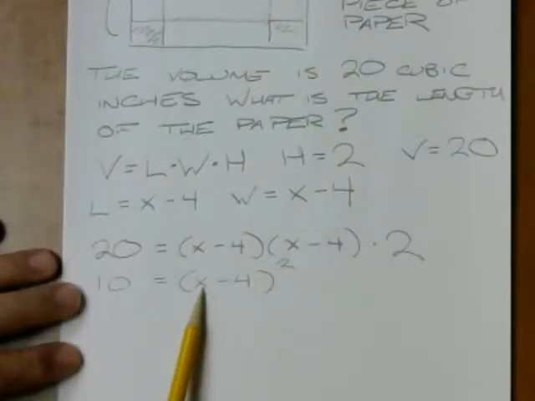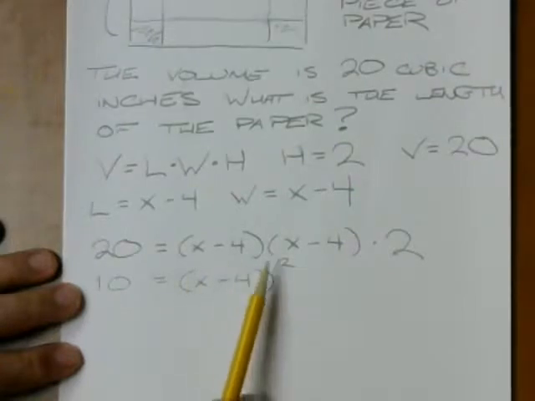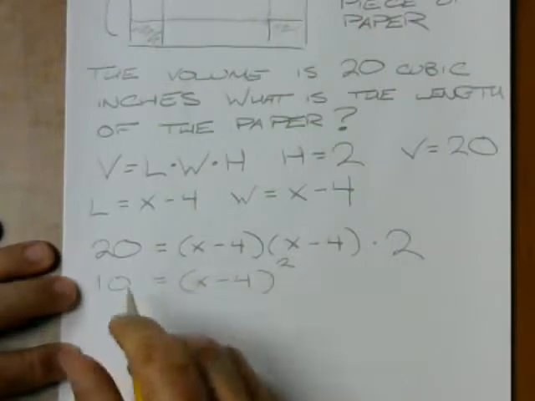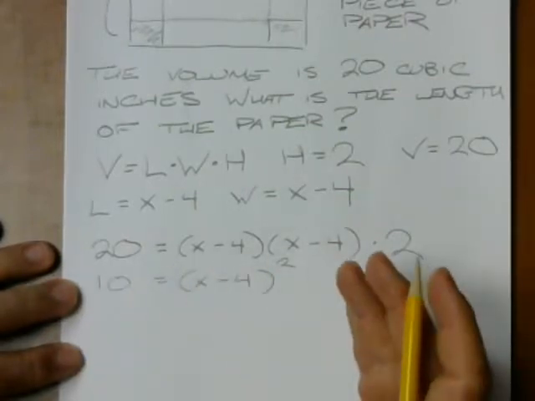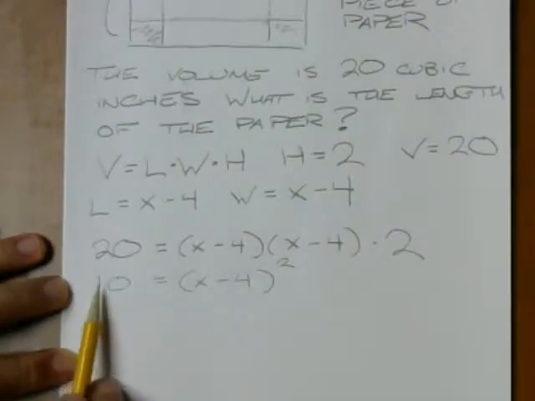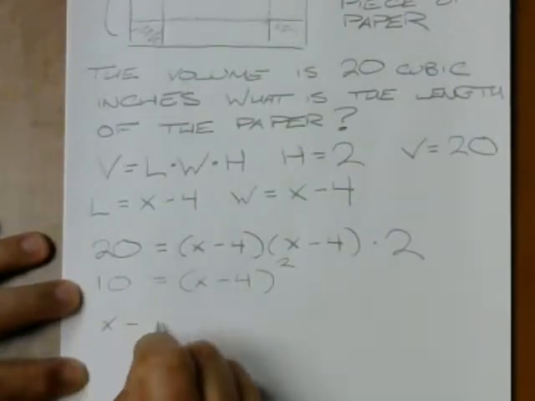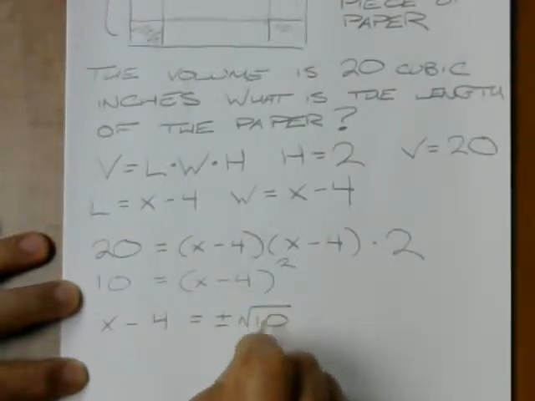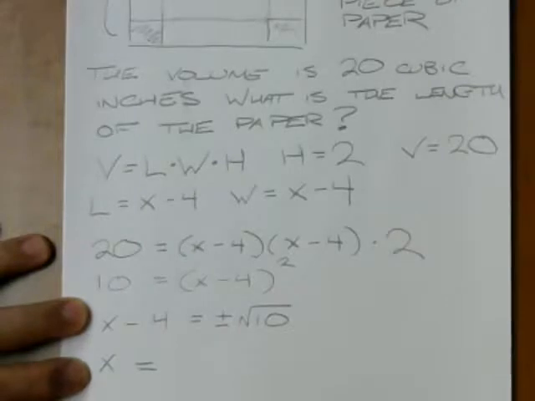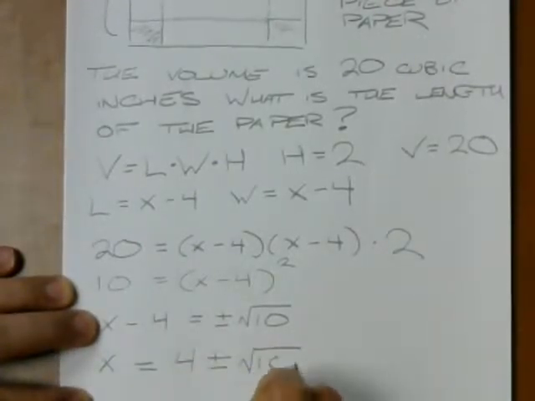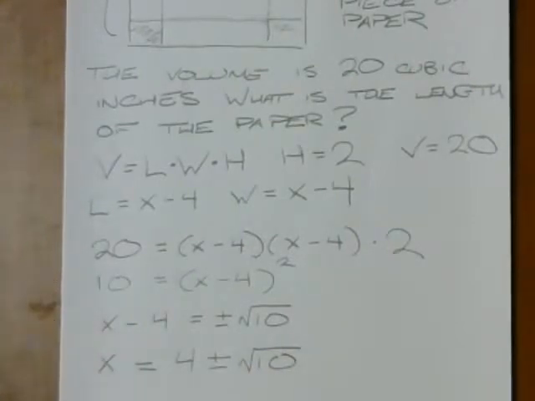So what I really want to know is, hey, this quantity squared is 10. What's that quantity? That quantity is x minus 4. So I can use my rule for radicals right off the bat and just get that x minus 4 is plus or minus root 10, or x is equal to 4 plus or minus root 10.